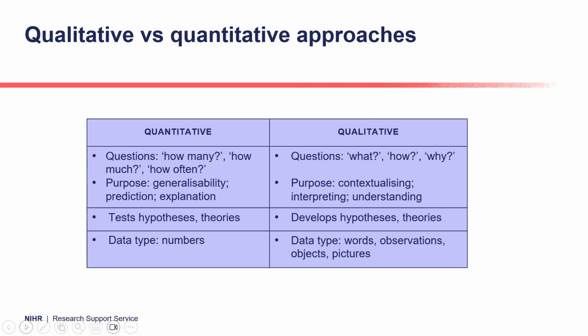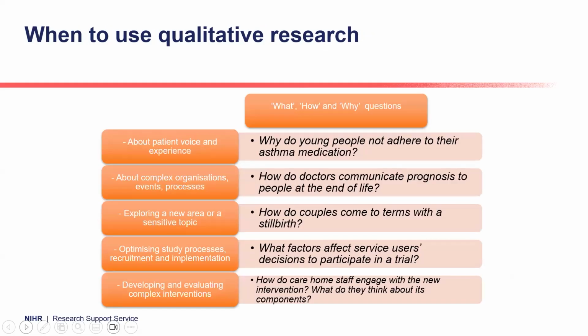And although the qualitative develops a theory, the quantitative tests the theories and hypotheses. The quantitative is using numbers, of course, and qualitative is mostly words, observations, or objects or pictures.